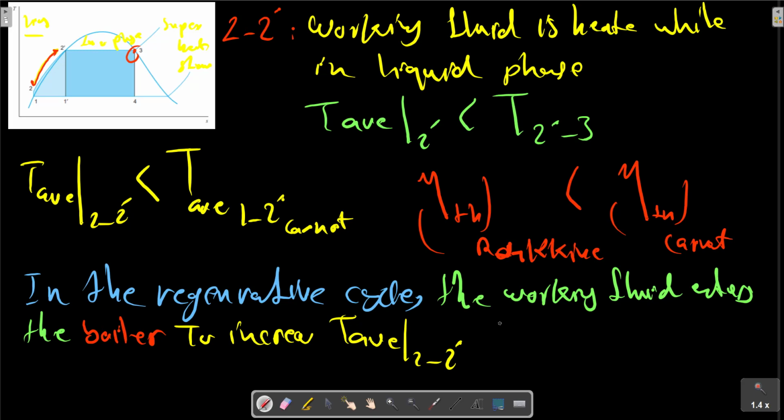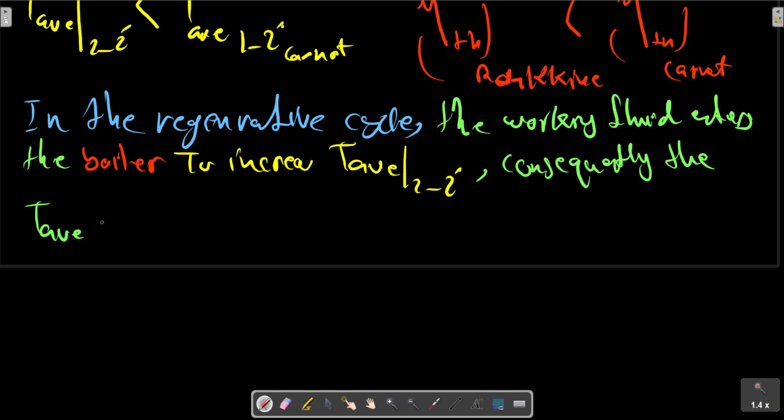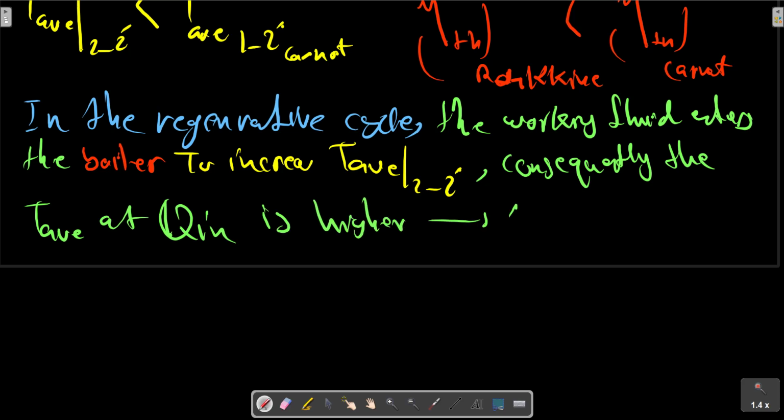Consequently, the average temperature at which heat is supplied is high, Q in is high, so efficiency increases.